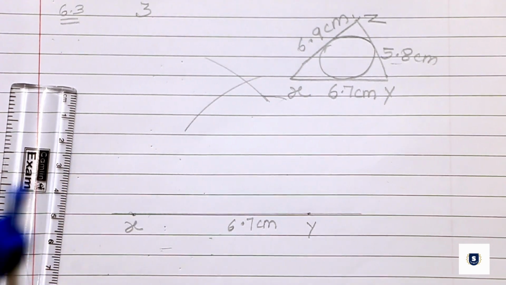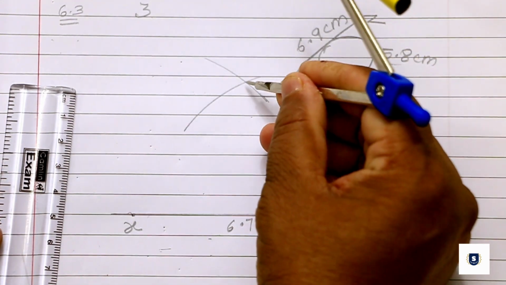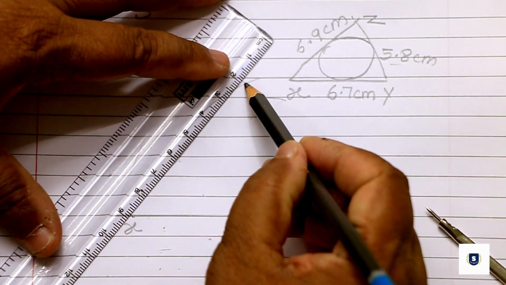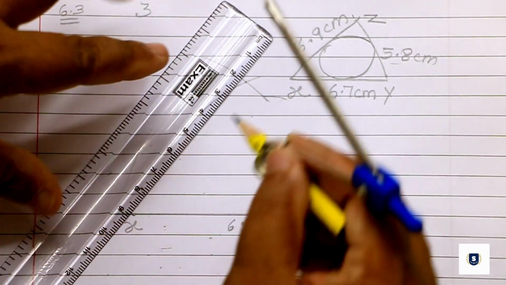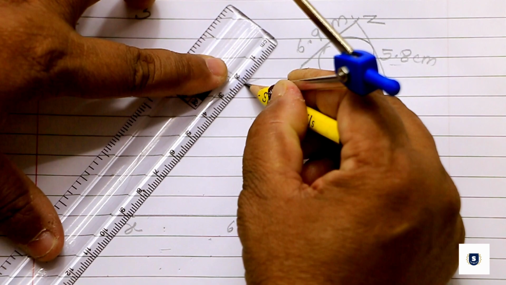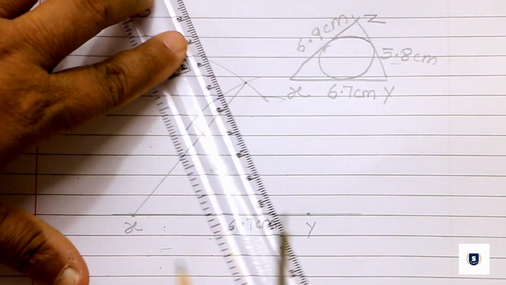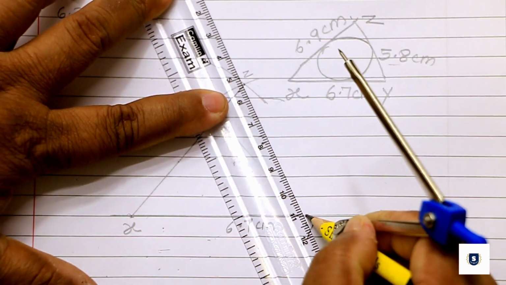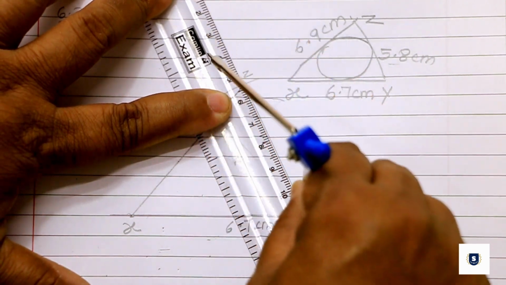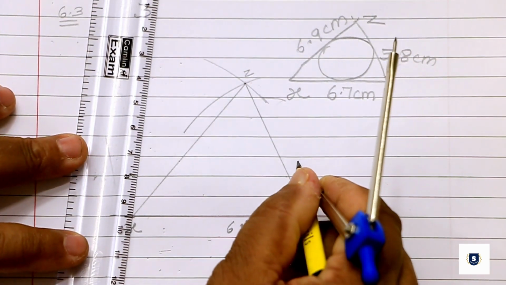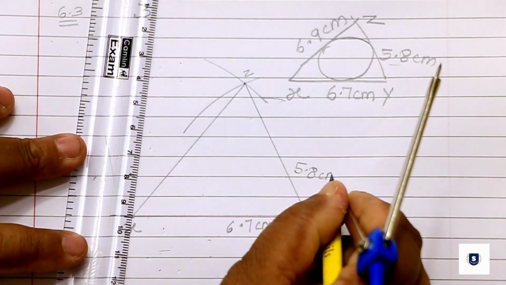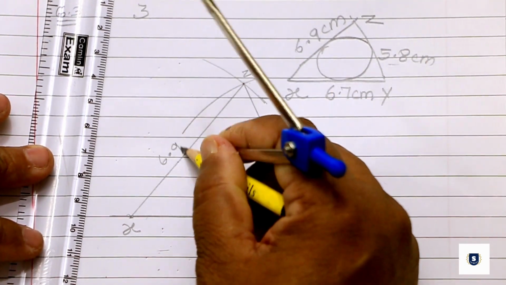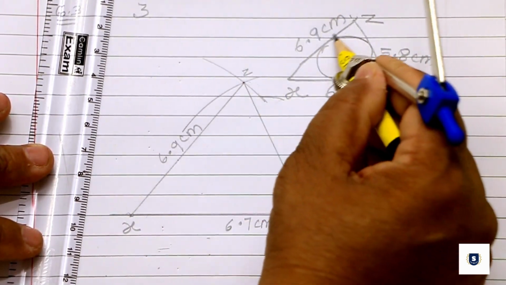Now wherever these two arcs are intersecting one another, locate that point and join this point and X. Join, this is Z, children, Z and Y. ZY is 5.8 centimeter. XZ is 6.9 centimeter. We need to draw incircle.